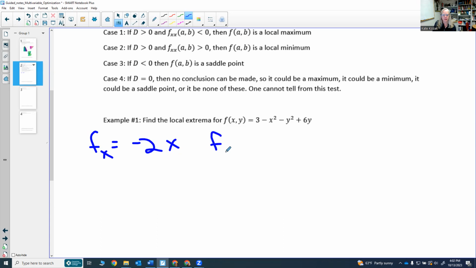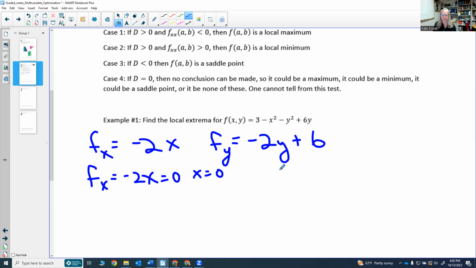The partial derivative with respect to y is going to equal minus 2y plus 6. Now find the critical points by setting the first partial derivatives equal to 0. So f sub x is equal to minus 2x equals 0, x equals 0, and f sub y is equal to minus 2y plus 6 equals 0, so y equals 3.